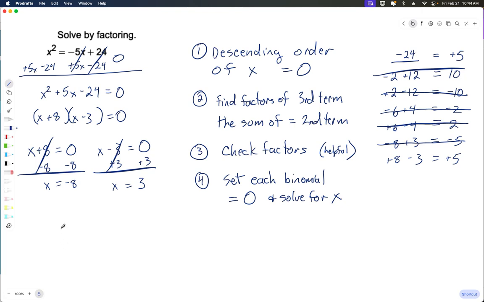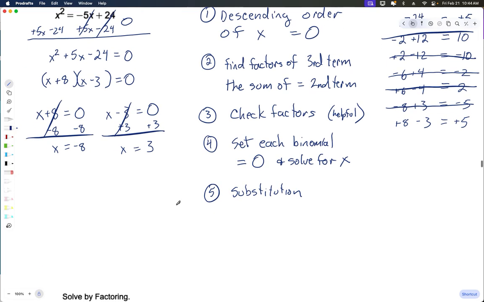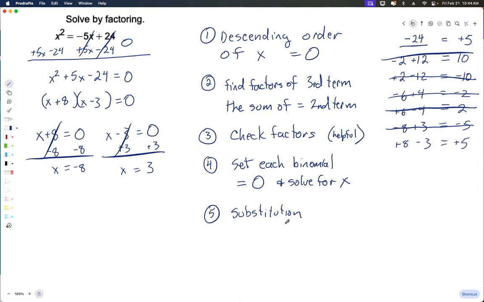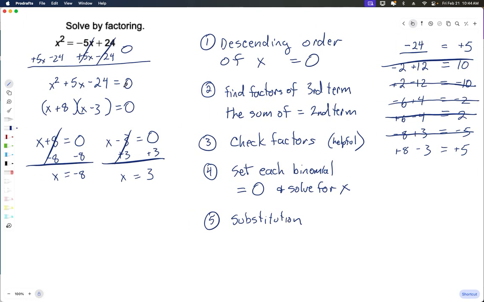Okay, so the way you can check your work is through substitution. That's the last step. So what you're going to do is take the original equation right here, and put each one of these in to make sure that it works, so that you get 0.